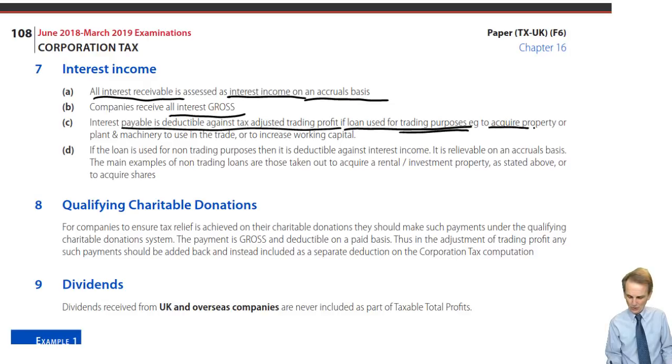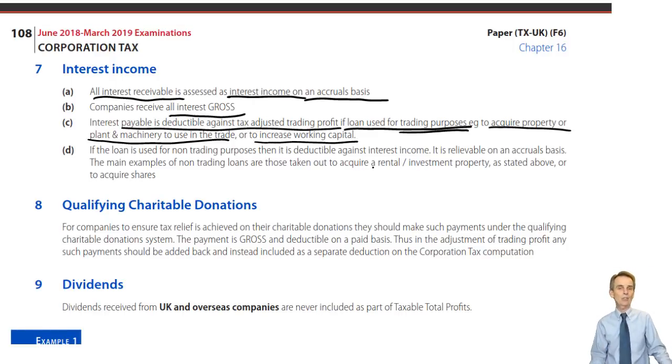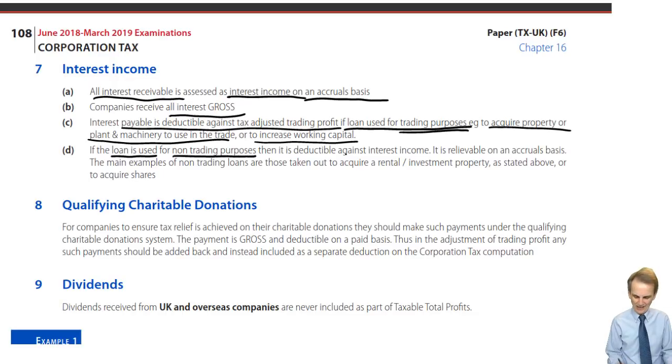For example, to acquire property or plant and machinery for use within the trade or increase working capital. You may remember we mentioned those as the typical examples of trading loans. If we talk about a loan being used for a non-trading purpose, then that is deductible against interest income. And again, we work on an accruals basis.